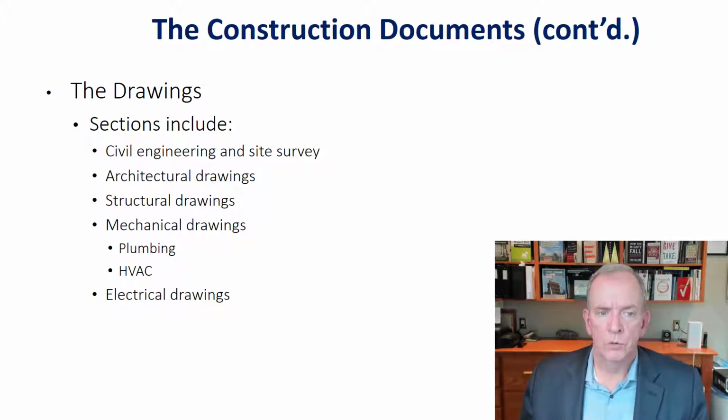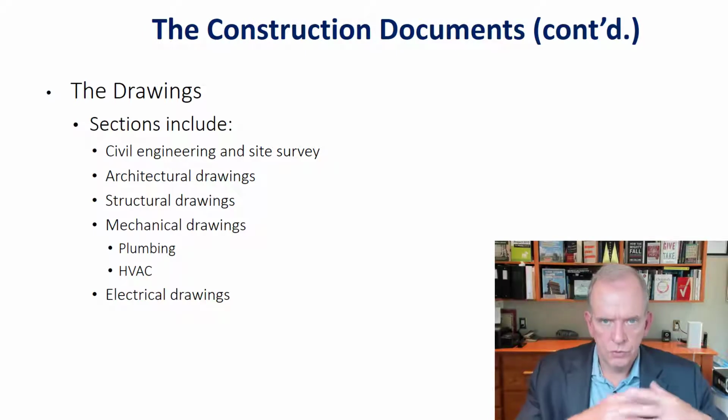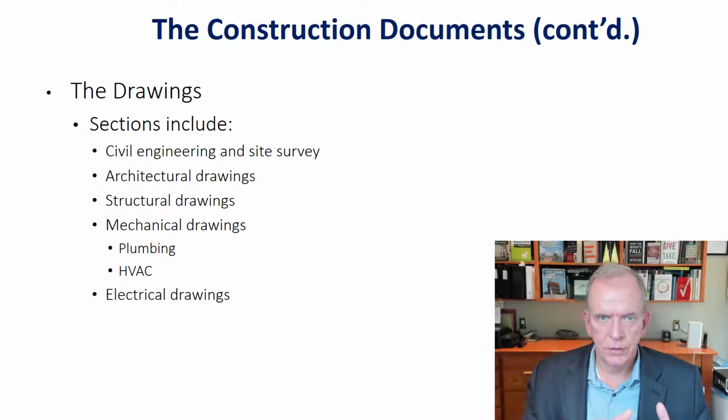And of course, a site set of drawings, site drawing, site plan that will show the location of the building, will show the property lines, will show the setbacks and all of that type of information, location of infrastructure, utility points, etc.